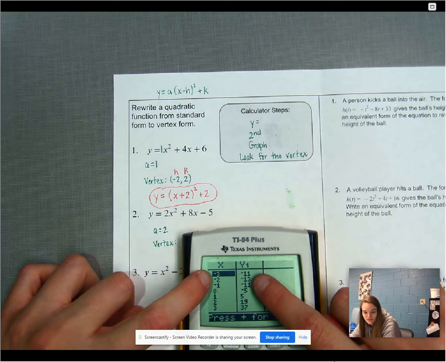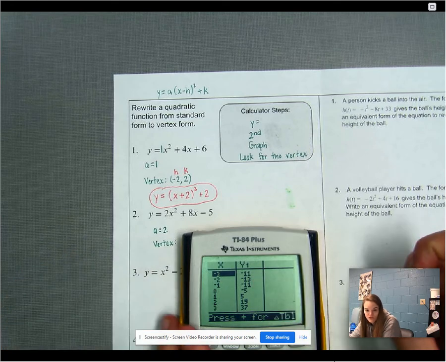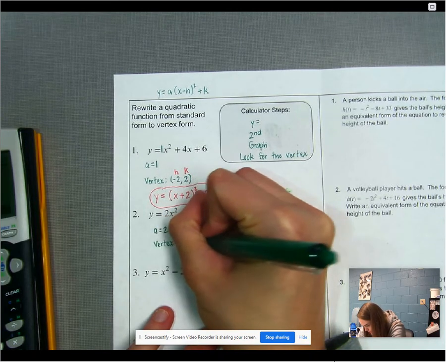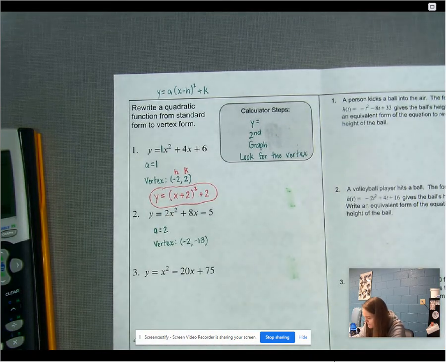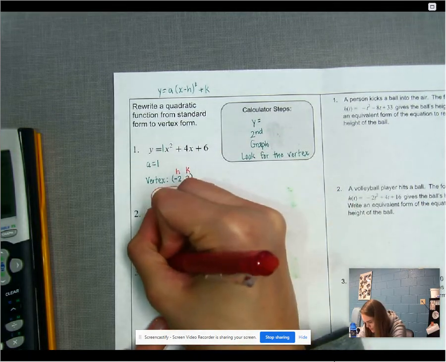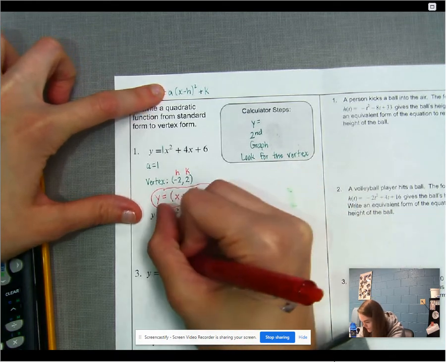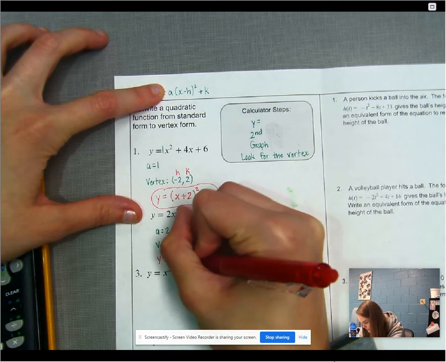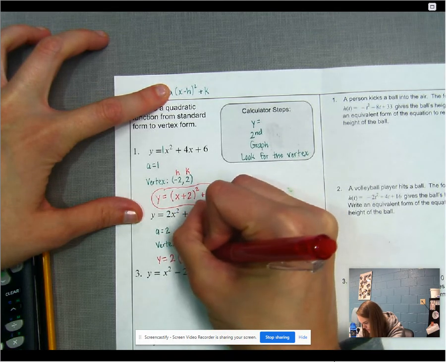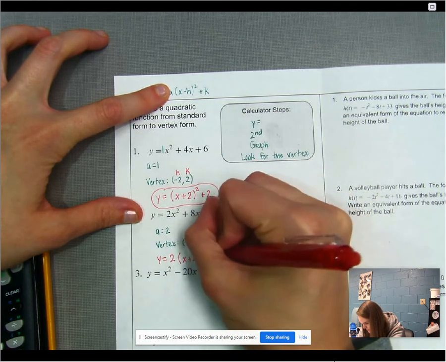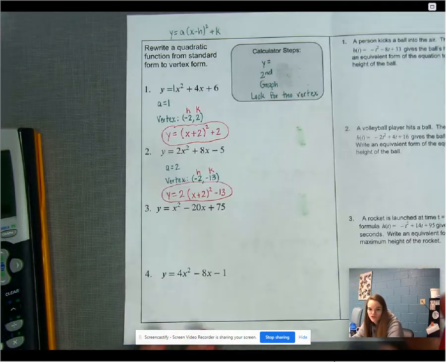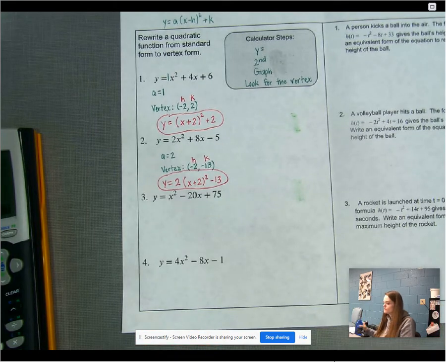So in between that, negative 2, negative 13 is the vertex. I like it when I don't have to move up or down or anything. Okay, so this is H. This is K. Y equals A, parentheses, x minus negative 2 is plus 2 squared, and then minus 13. That's the answer. Go ahead and pause the video and try 3 and 4.